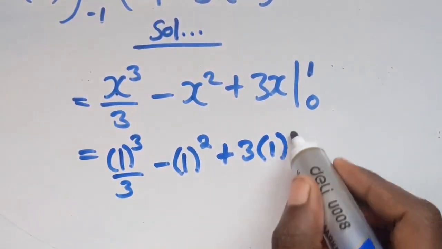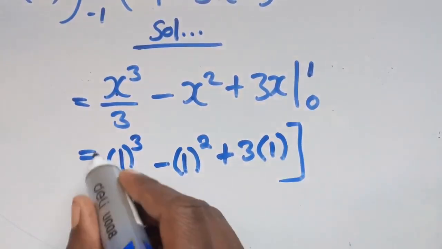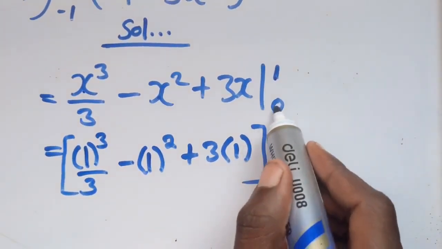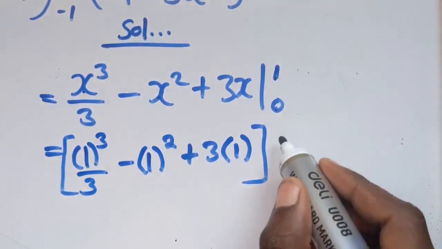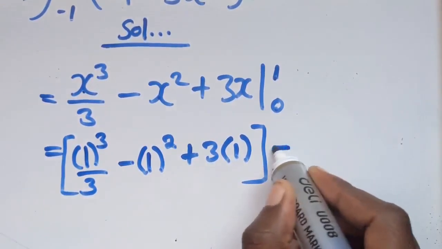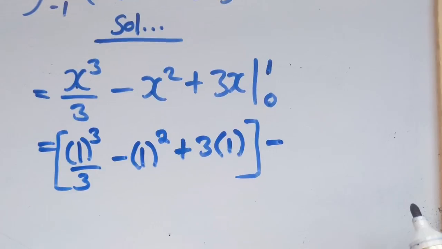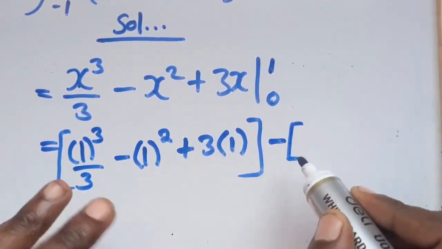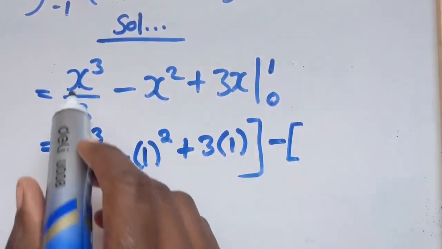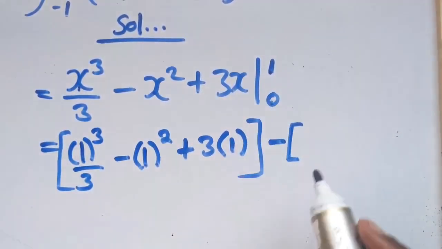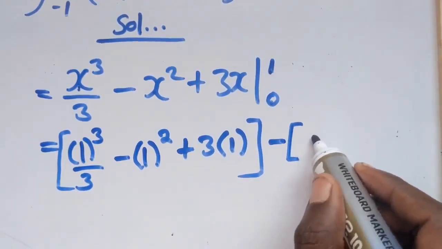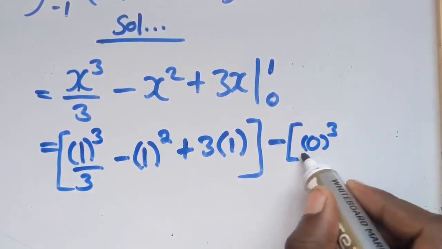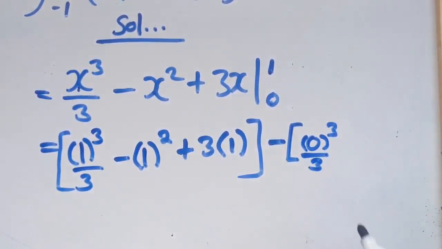So now when you do this, since you also have 0 there, you need to put a minus. And whatever you did on this side, wherever there is x, you put 0, meaning that it's going to be 0 to the power 3 over 3.